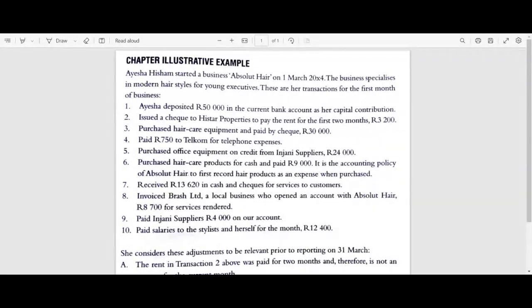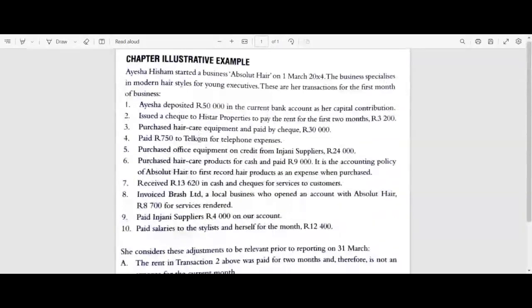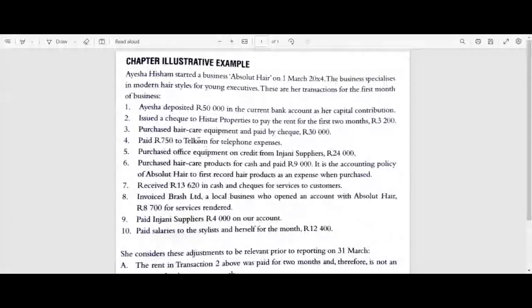So if you look at that chapter illustrative example, ladies and gentlemen, let's first of all have a look at what is required of us. I don't think I've actually scanned that part in, but what we are going to be doing, for the last time, is use the accounting equation, as you already know it pretty well.